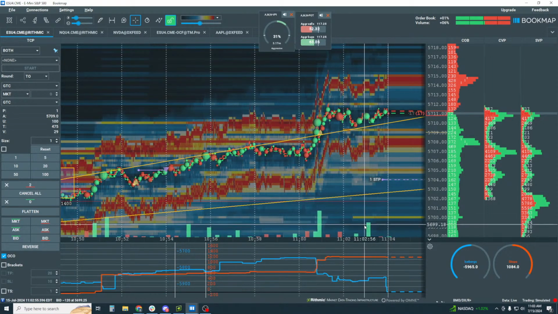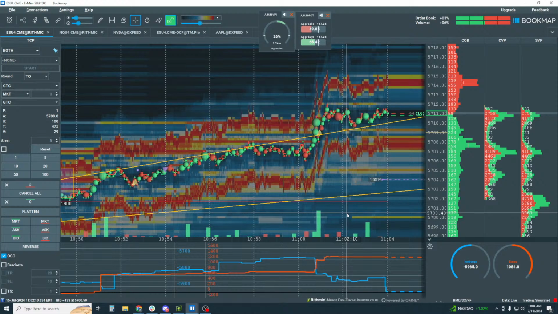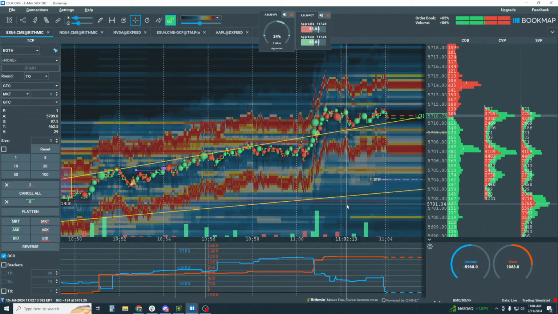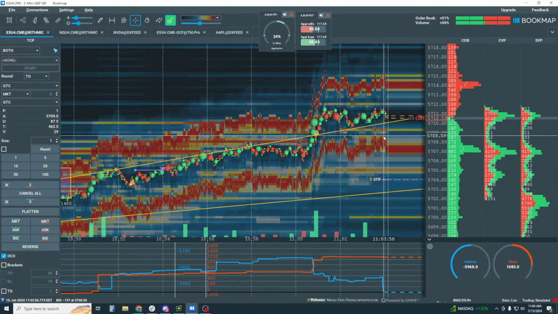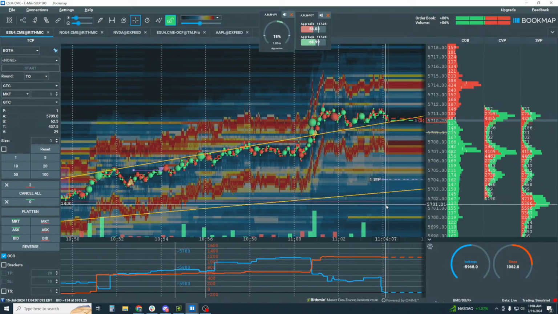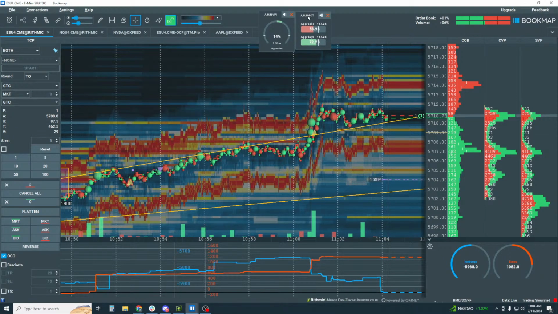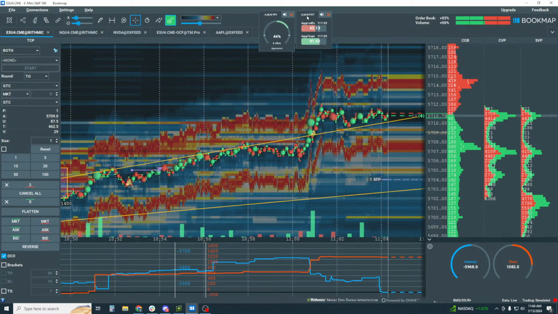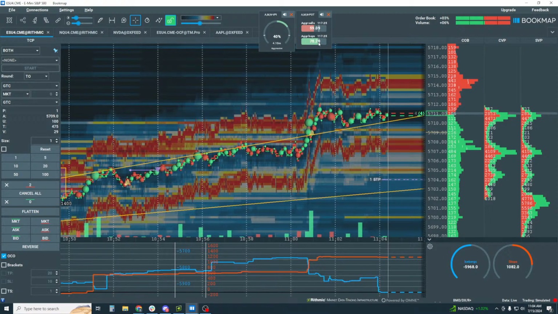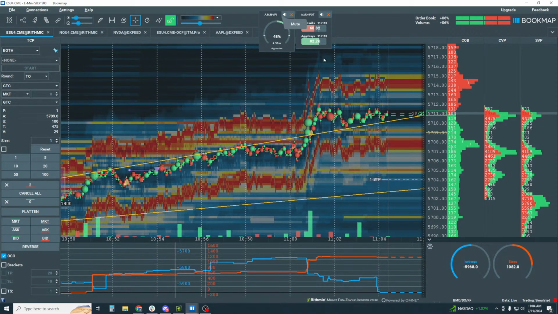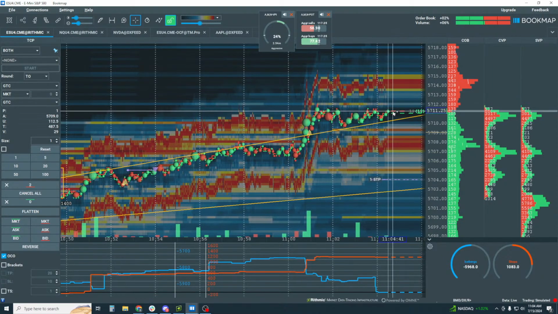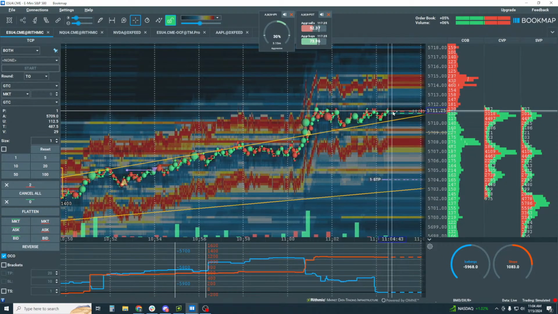Okay, so that's the way we're going to play it here. And let's see if we can get a move here. At least for now, that's the way we're going to play it. Okay, so pace of tape on Apple, Microsoft, and Nvidia starting to pick up a little bit there on the buy side. That's a good sign. Volume pressure starting to pick up as well. That's a good sign. So now we're looking for a pretty big move.